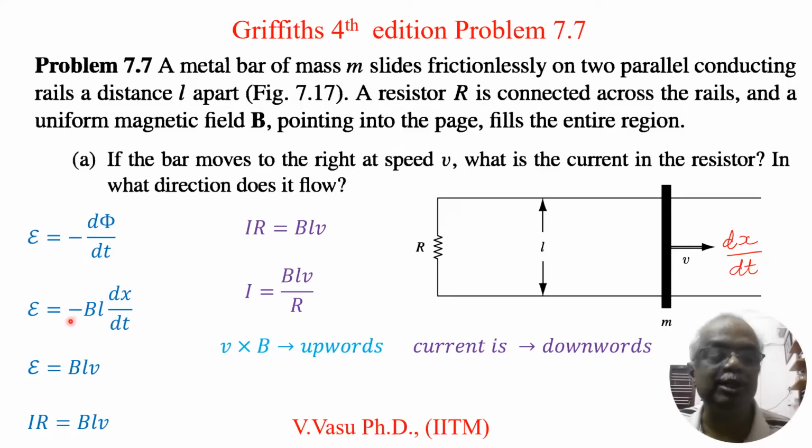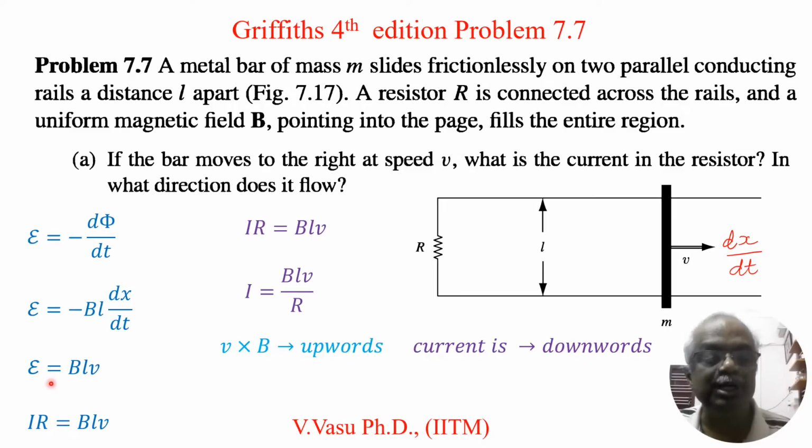The flux change is minus BL dx/dt, because B is constant, L is constant, and only x varies with time. So dx/dt is v. Don't worry about the negative sign; after all, it will indicate the direction of flow. So script E is equal to BLv.